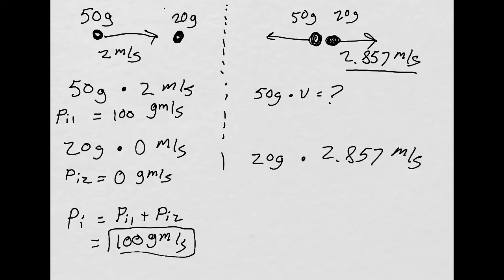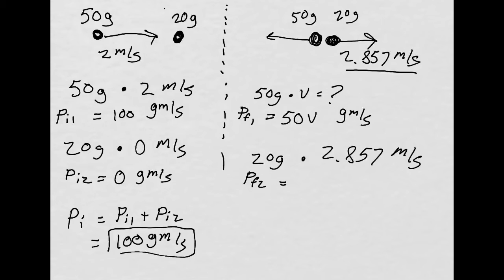If we want to find P1 final, that's 50 grams times an unknown velocity. Our other ball has P final 2. Let's fix my notation here. P final 1.